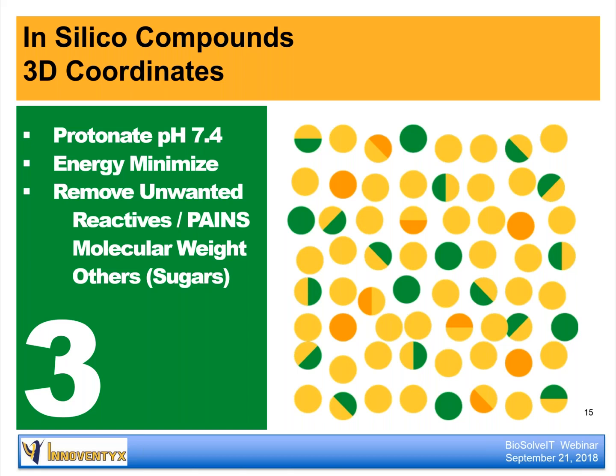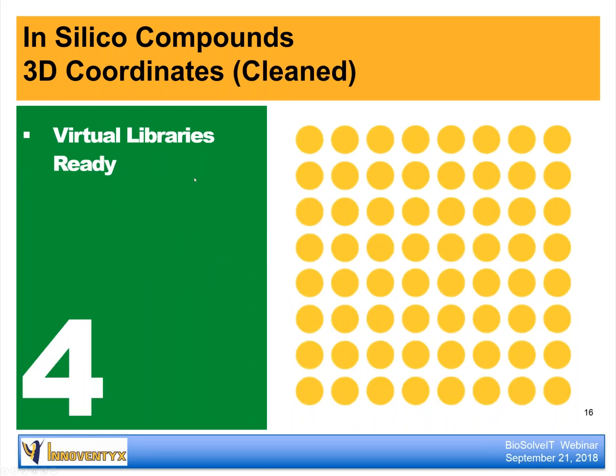If you're looking at druggability, you may want to draw a line or a threshold as to molecular weight, for instance, and also make a decision as to what types of moieties you simply don't want to deal with. If you say, I don't want nucleotides, I don't want sugars, I don't want peptides, well, eliminate those from the pool, and that eventually leads you to a clean group of compounds for your virtual libraries that you can move ahead and use for in silico studies.